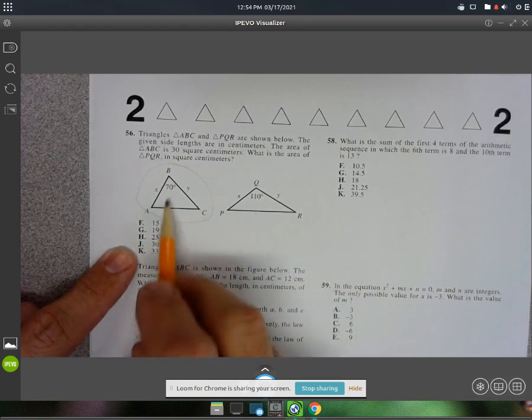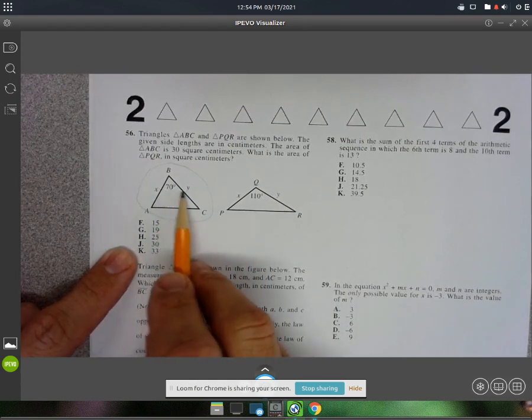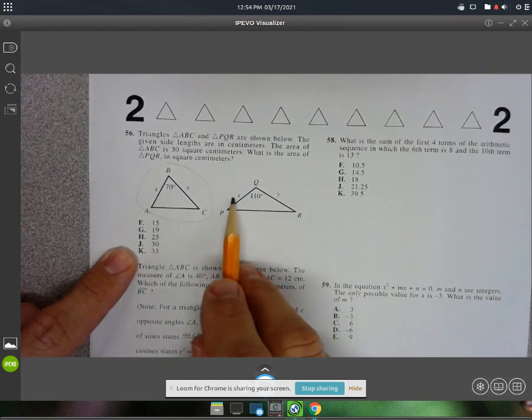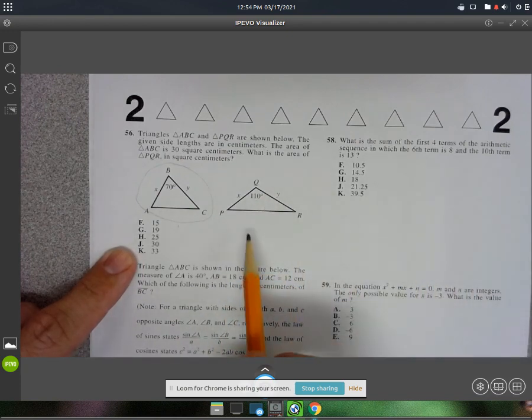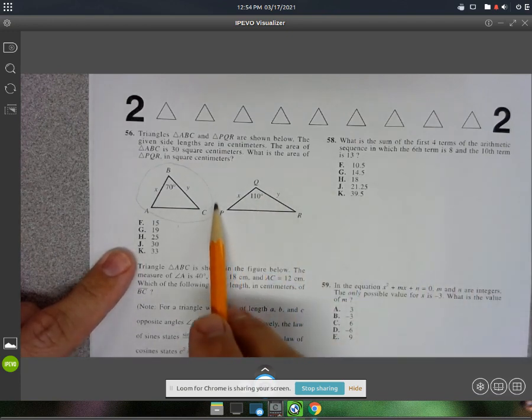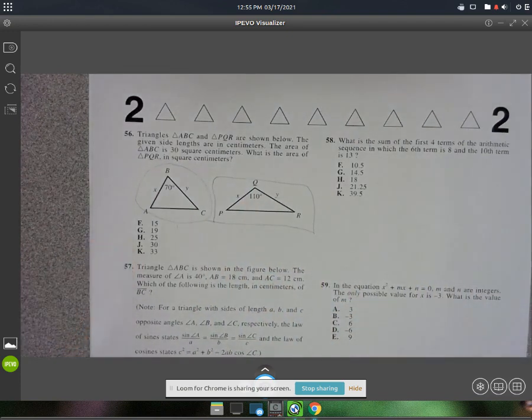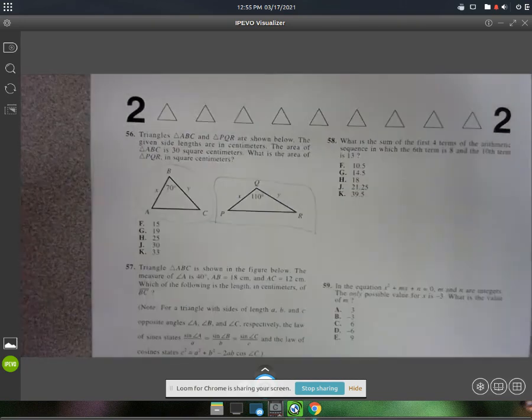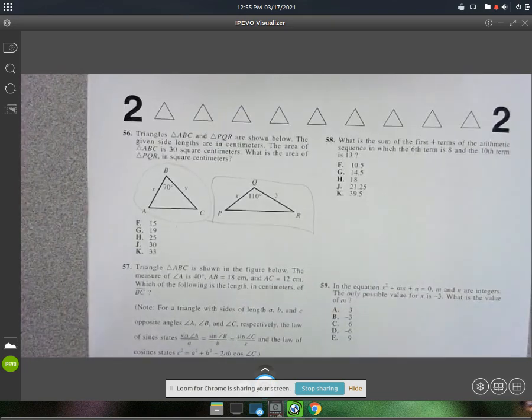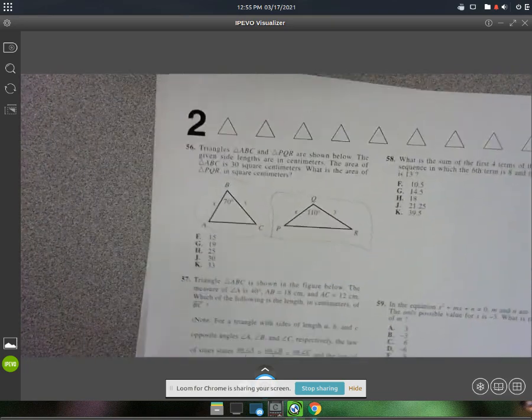So they're changing from 70 degrees to 110 degrees, but they're keeping the x and the y the same. The question is, what's the area of PQR? That's what we're after. You may already know it. That's great. I'm going to actually spell it out here.